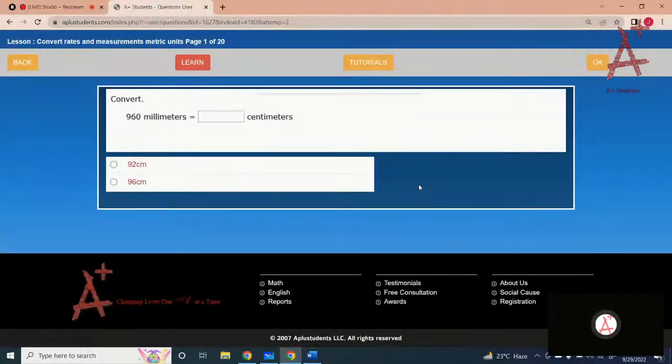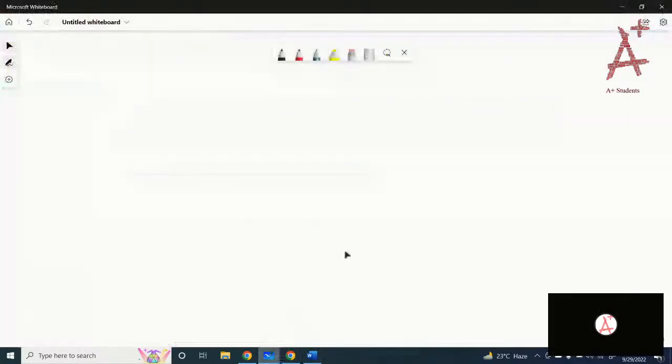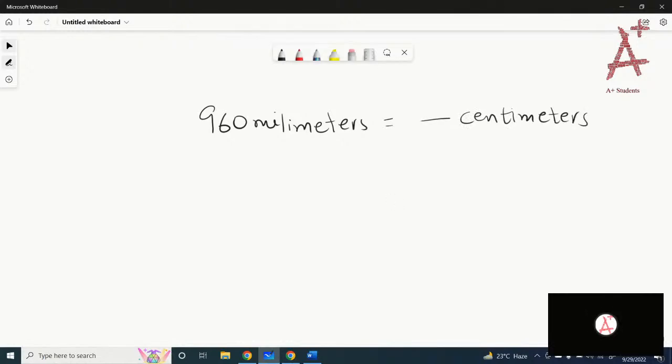Let me do it on the board. 960 millimeters equals how many centimeters?